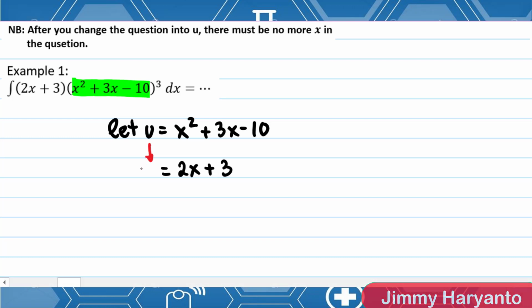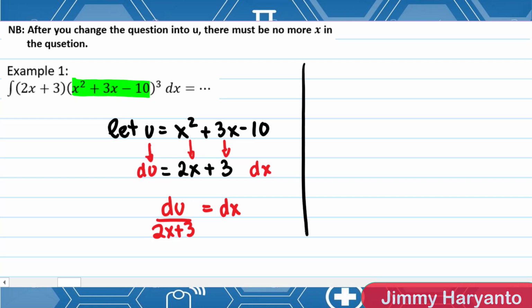So u differentiated into du, and then x squared into 2x, 3x into 3, 10 into 0. This time we have to put the dx on the back. This is the second step, but I want to add a second-and-a-half step: dx equals du over 2x plus 3. So this is the preparation for you before using the substitution.